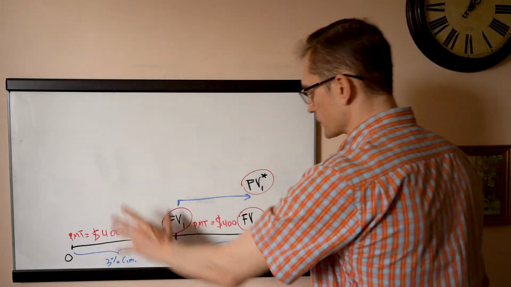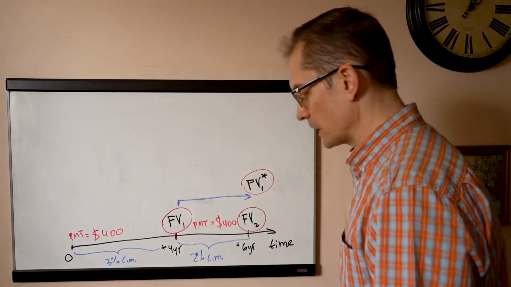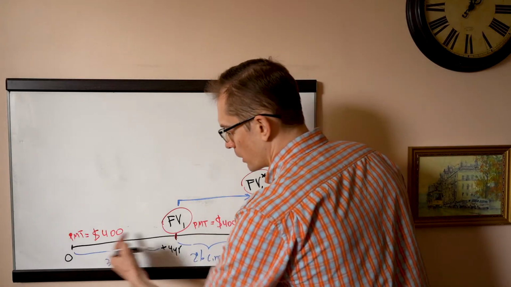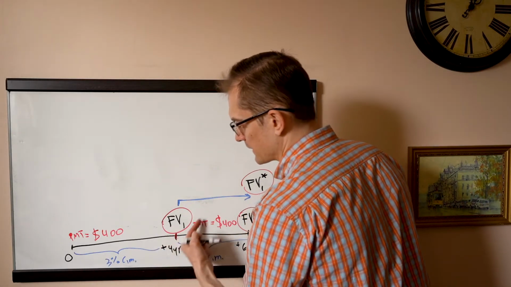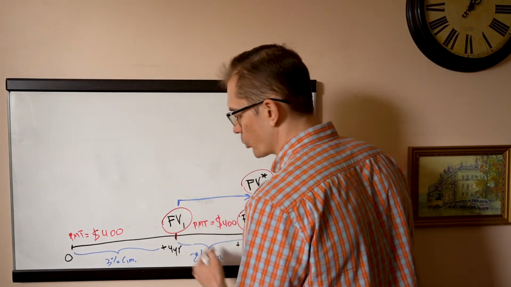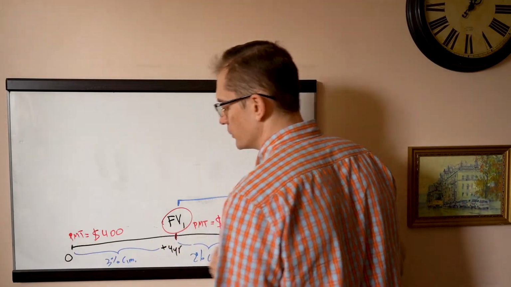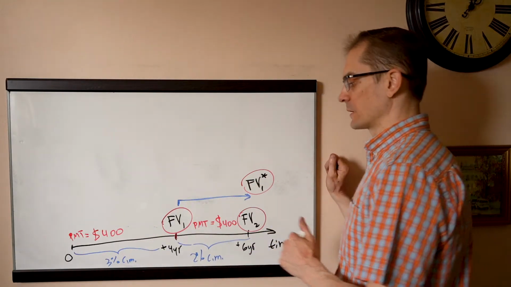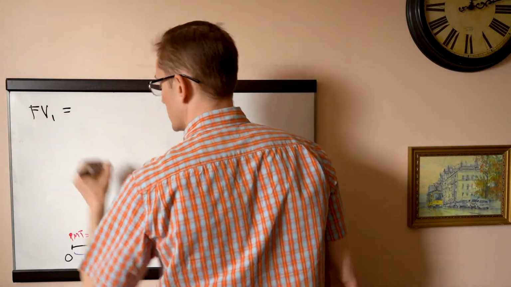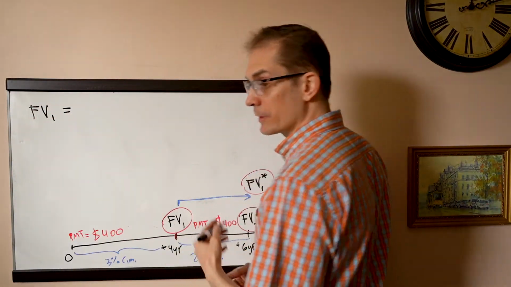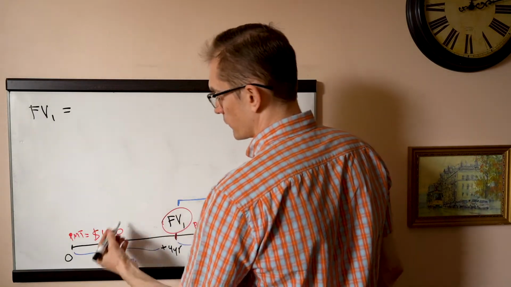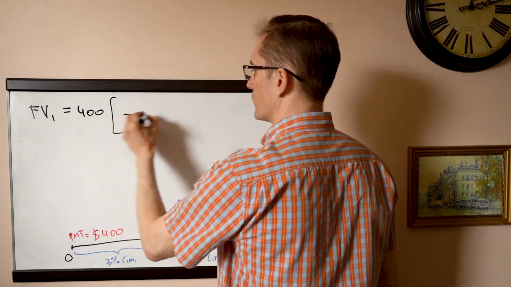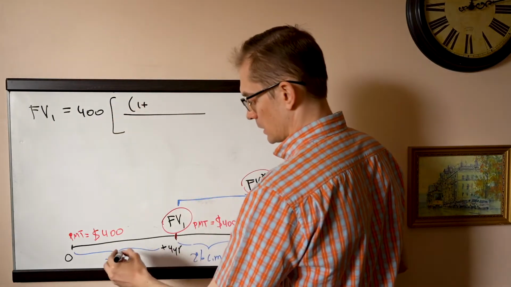So let's execute this process and see how it looks using mathematics. We need first to find future value 1. Once again, what is that future value 1? Future value 1 is the future value of that first annuity when the payment is $400 and when the rate is 3% compounded monthly. Future value 1 is the ordinary simple annuity of $400, which is the payment, which will grow for 4 years, right?